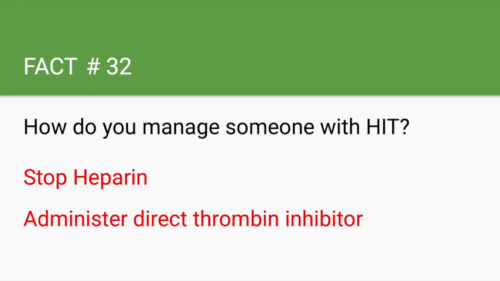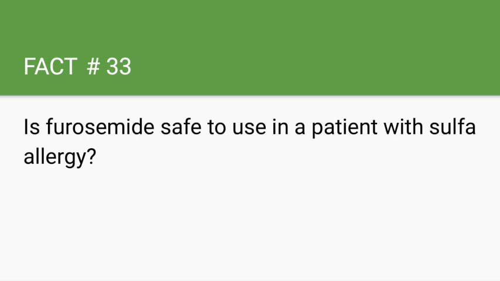Is furosemide safe to use in a patient with a sulfur allergy? Definitely not. An alternative to furosemide in patients with sulfur allergies is ethacrynic acid. Which drugs can cause gynecomastia?